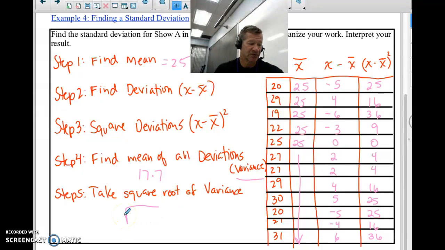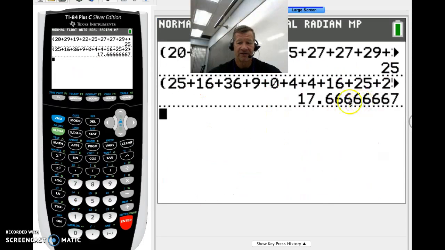Now our last step is to take the square root of that variance. So we're going to take the square root of 17.7. I still have this number on my calculator and it hasn't been rounded, so that'll be more accurate. Going back to my calculator, there's that number. This will work on your calculators as well, just hit the square root. Square root is right there on mine.